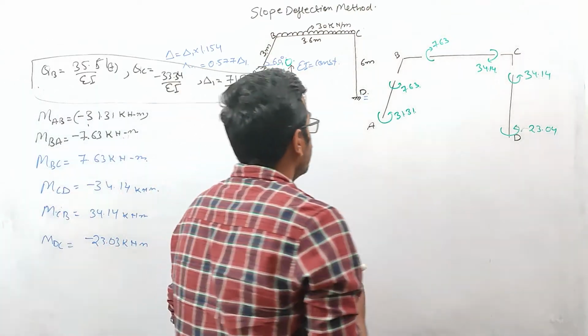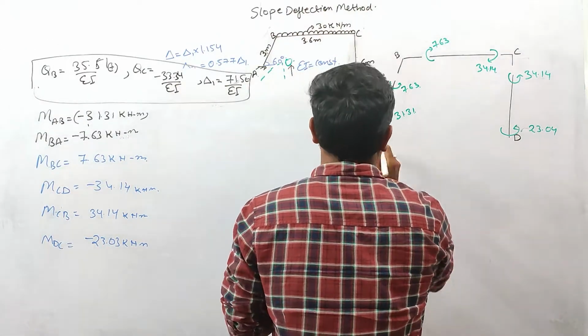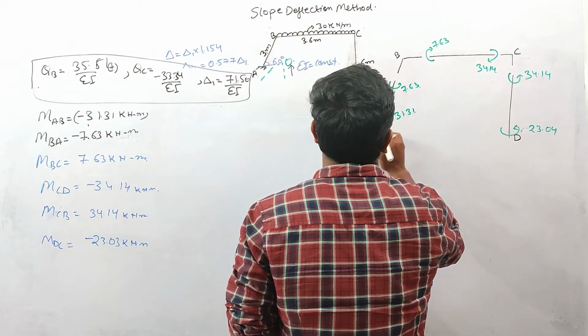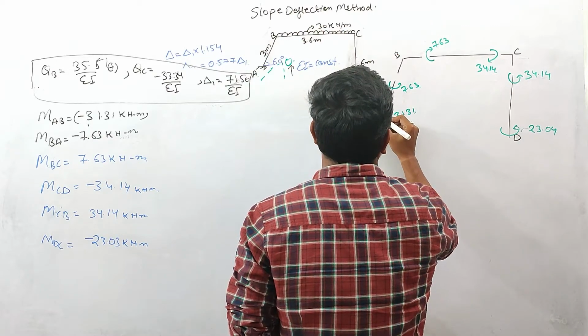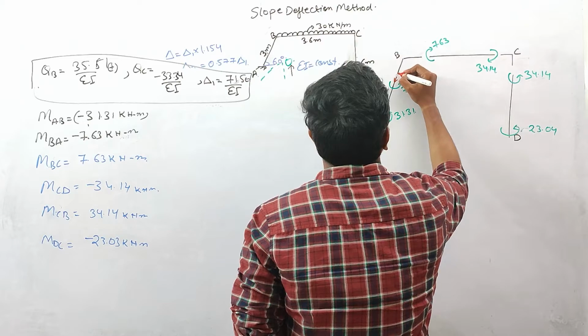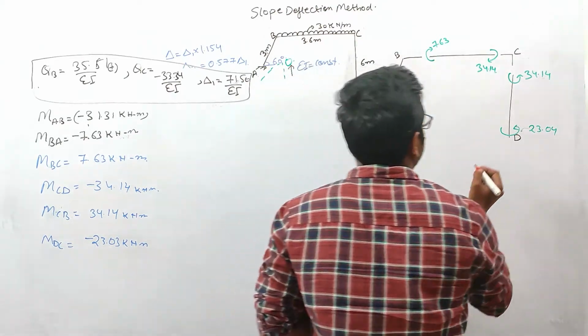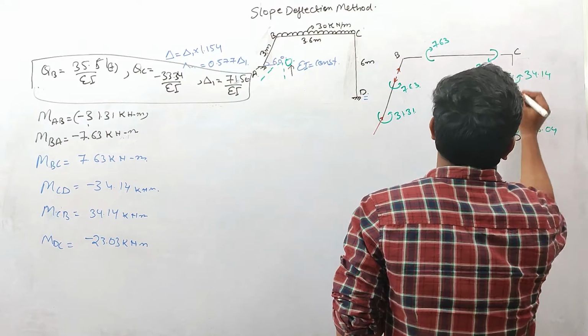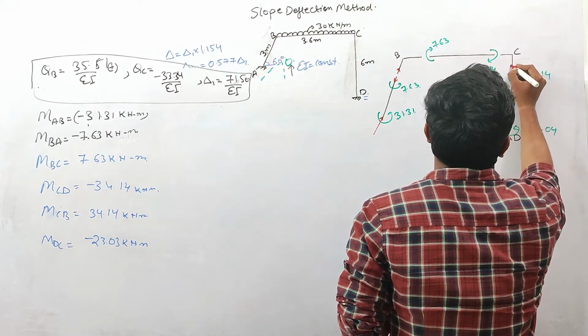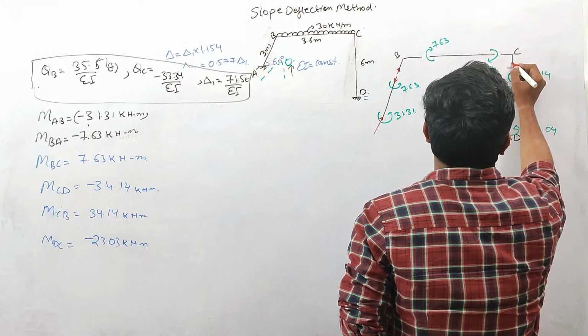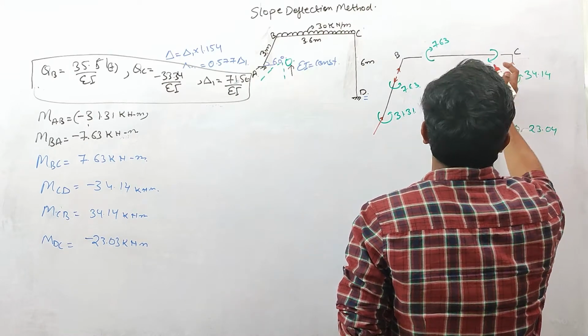Now at this point we will be having some axial force. This is equal to this. At this point also we will be having some axial force. The value will be the same. This value is similar to this value.